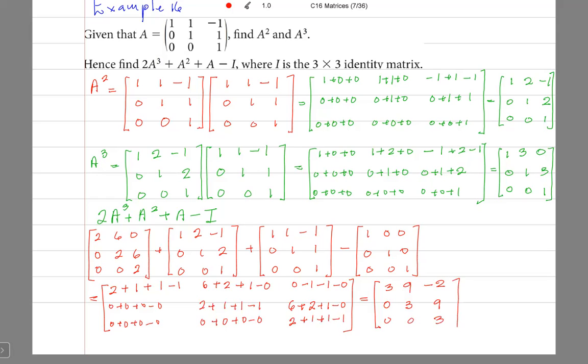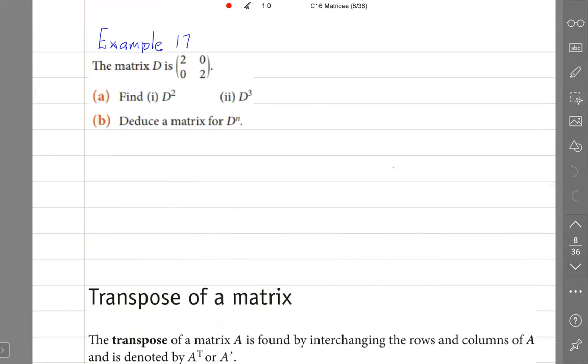All right. Let's turn the page. Example 17. Example 17 says that D is the matrix 2, 0, 0, 2.